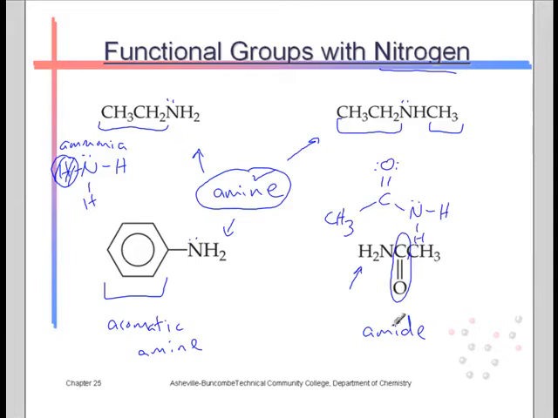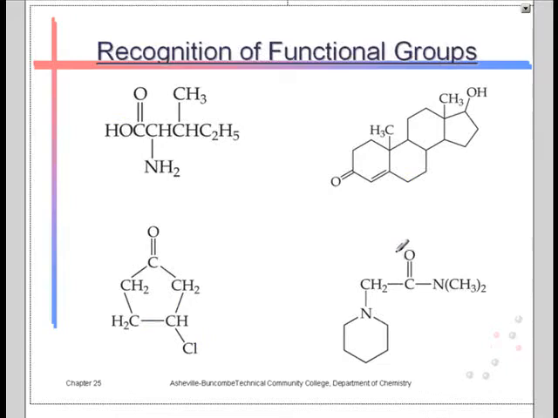This is characteristic of an amide, and you see a lot of these in biochemistry, and we'll see some examples. You'll see some examples in the book. I don't think I do anything specifically here, but these are very common functional groups in biochemistry. And that really covers all the functional groups that I want you to worry about for this course.